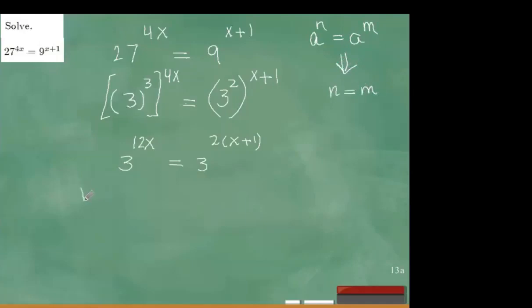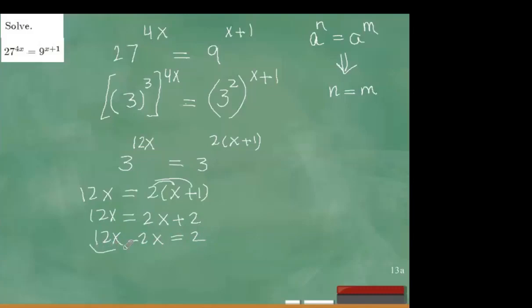So I can write here 12x must be equal to 2 times x plus 1. And distribute the 2, you get 2x plus 2 is equal to 12x. To solve for x, I can subtract 2x from both sides of the equation, combine like terms.